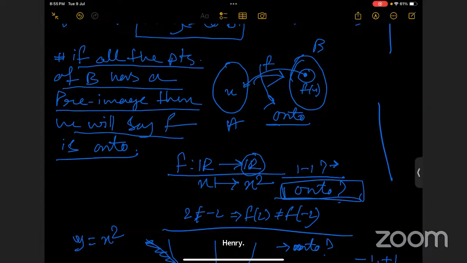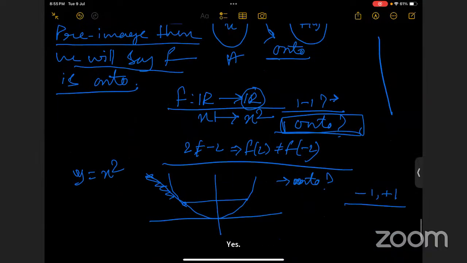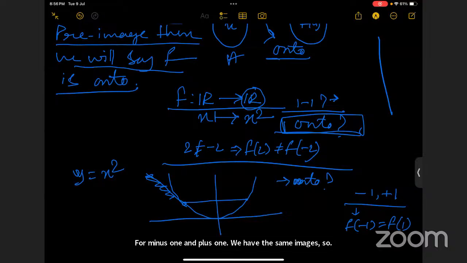Every element in B should be related. Someone was saying that for -1 and +1 we have the same images. So can you really draw any kind of conclusion from this?